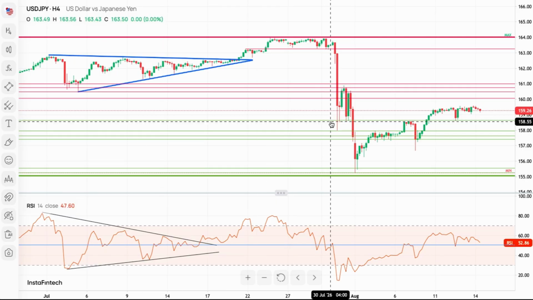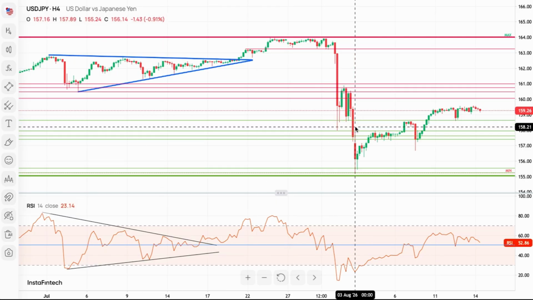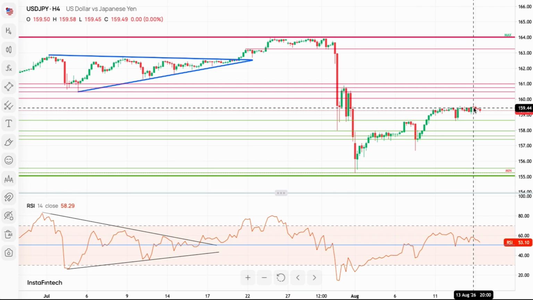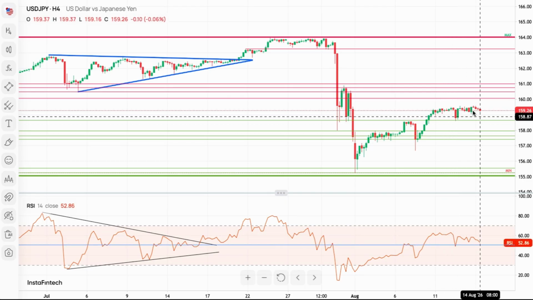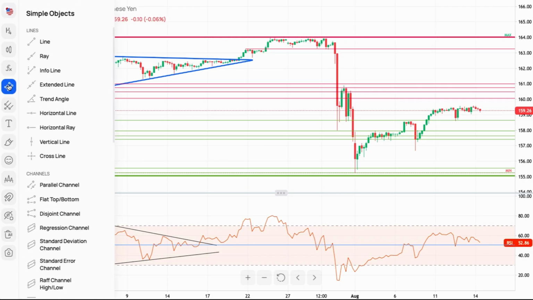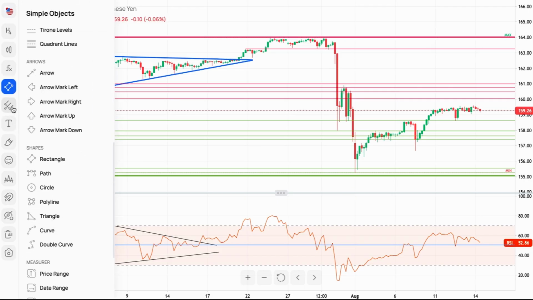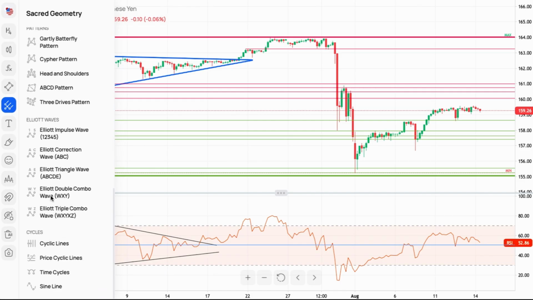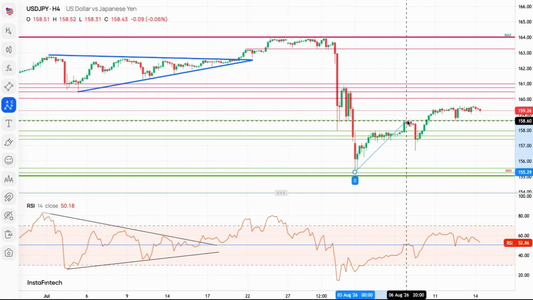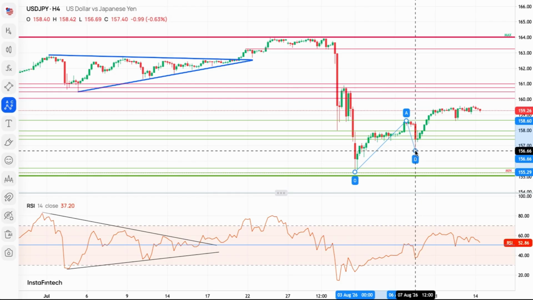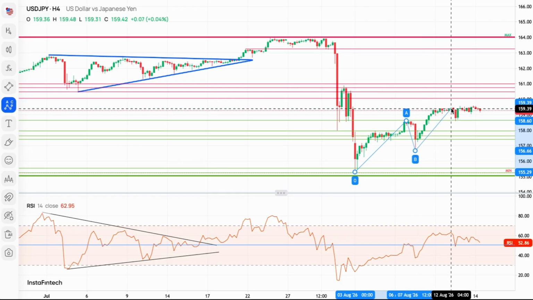US dollar versus the Japanese yen on 4-hour time frame chart is looking quite heavy after the local high at 159.58 has been hit. The momentum is pointing downwards towards the level of 50, and so is the price. Please notice that this movement to the upside was so far roughly in 3 waves, right?